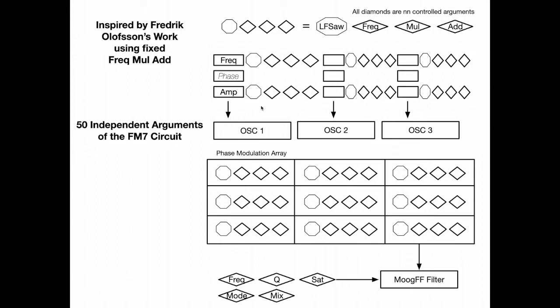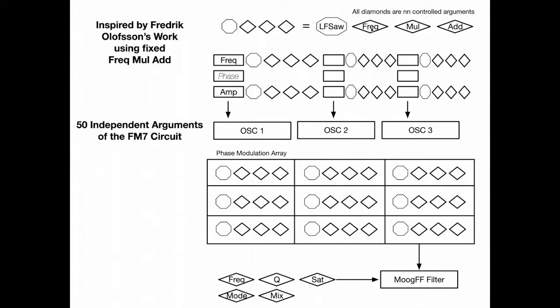So each of these oscillators has frequency, phase, and amplitude control that you can control. I'm not messing with the phase, so I don't touch that, because I'm going to do phase modulation through the phase modulation array. And anytime you see this kind of stop sign, diamond, diamond, diamond, it's a sawtooth wave where I have argument control of the frequency, multiplier, and add of the sawtooth wave.